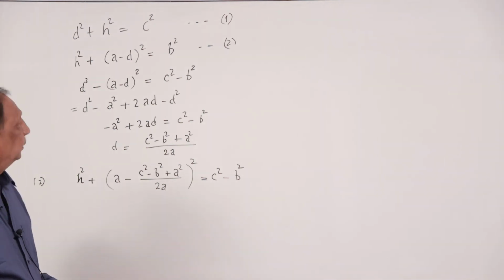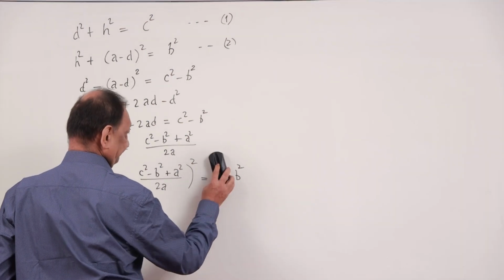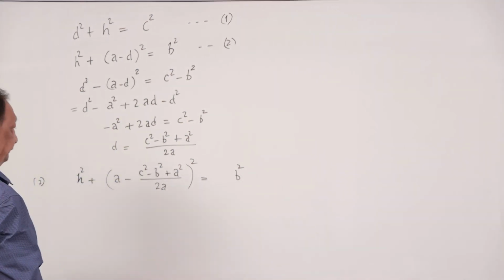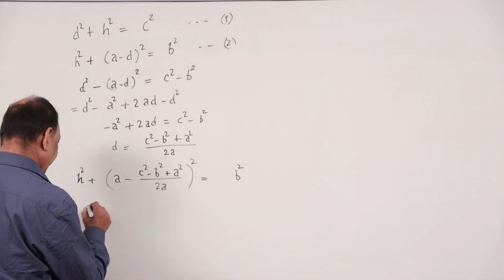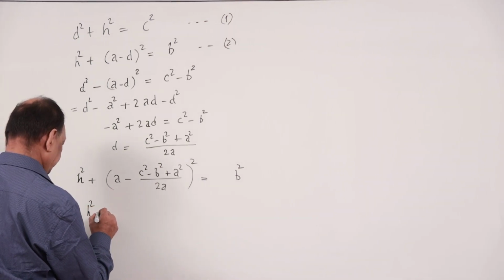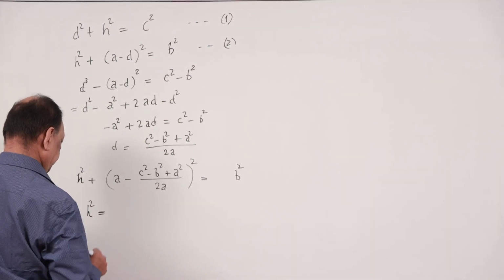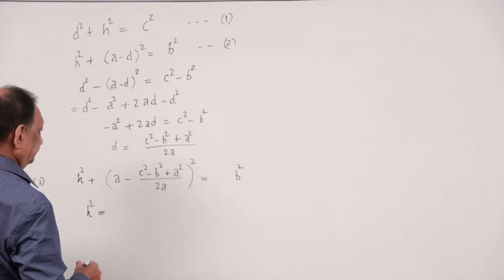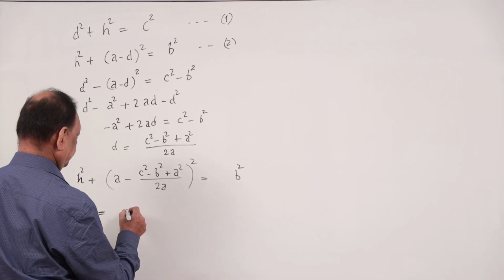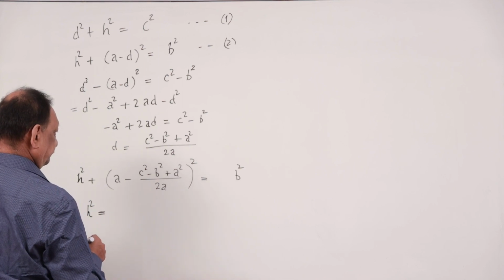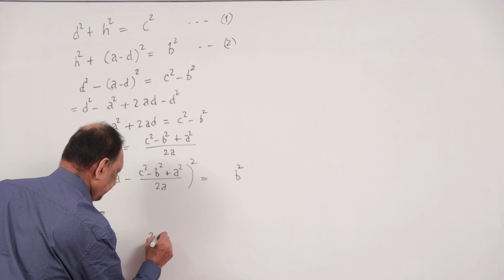No, not C squared, B squared. So H squared itself is equal to, we take 2A as a common factor here. I think we can do that.